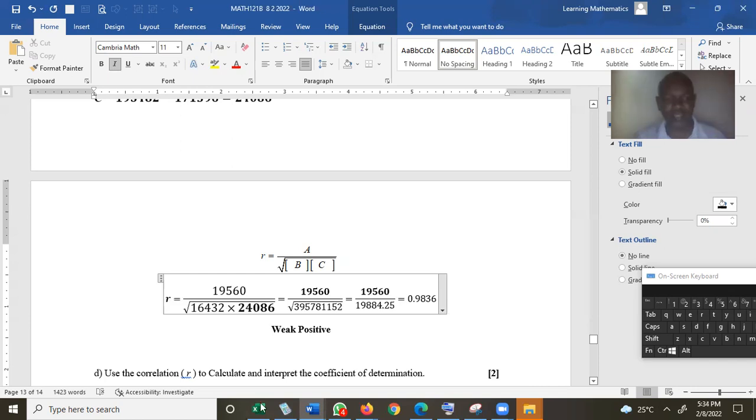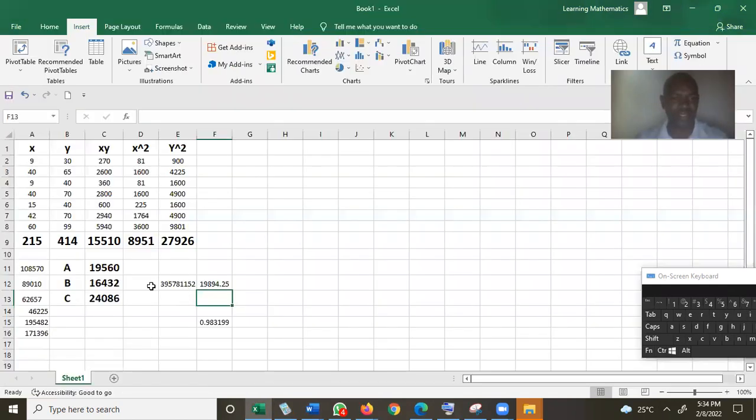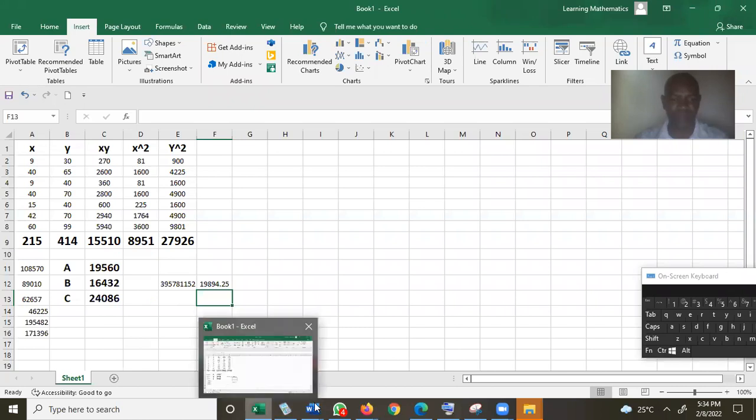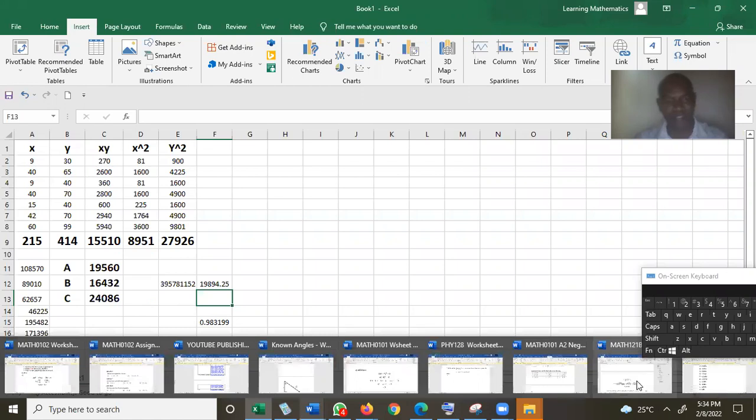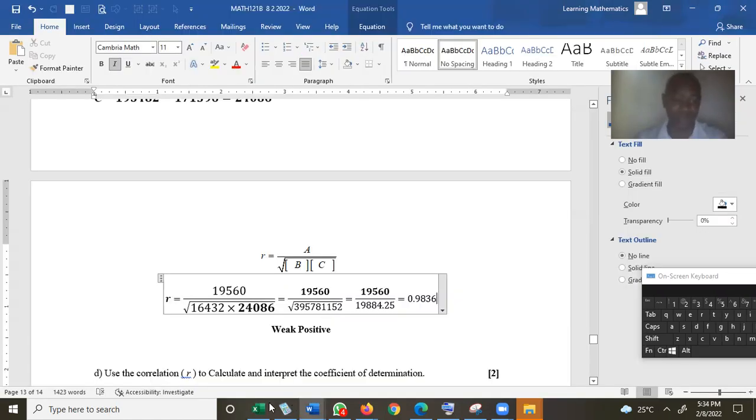0.93199. Now Excel has another inbuilt formula with more accuracy and so forth, so there's a slight difference due to rounding off and a slightly different version, because there are other versions of that formula. If you look up Pearson's formula, there are other versions of it, trust me.